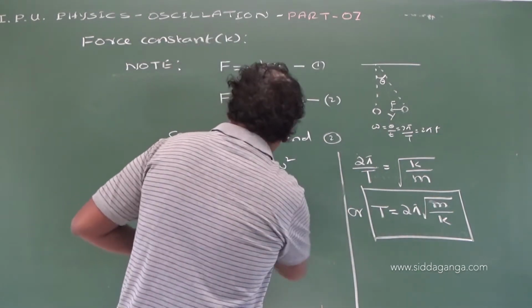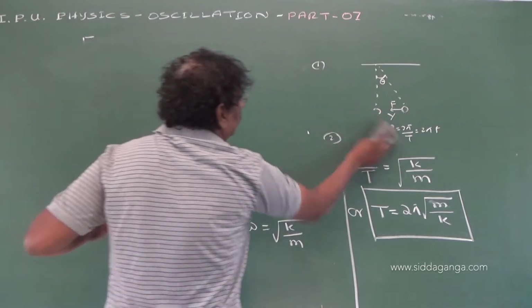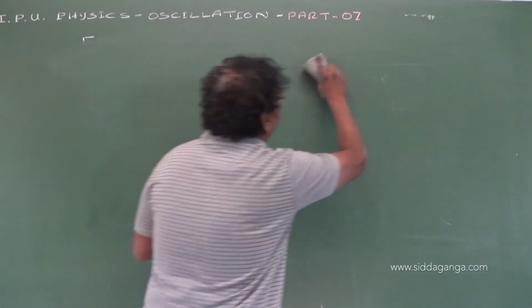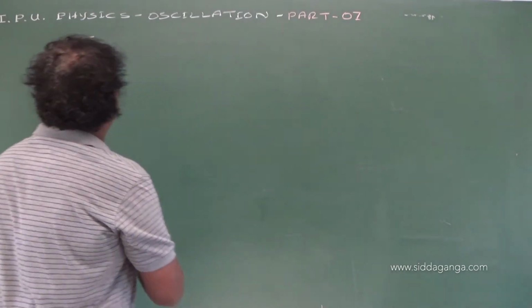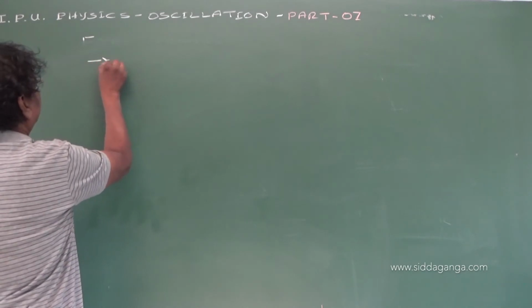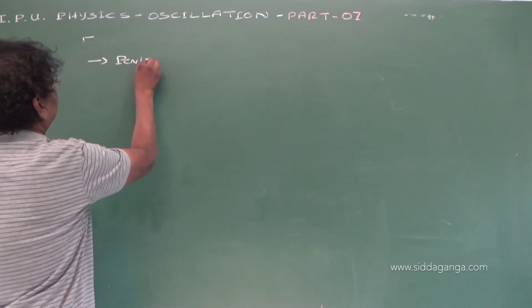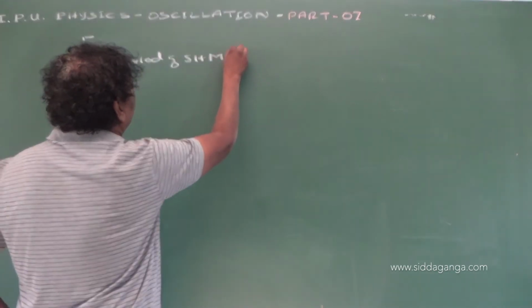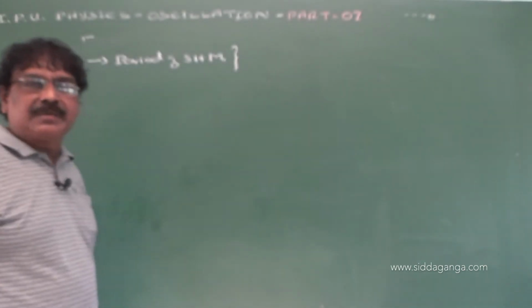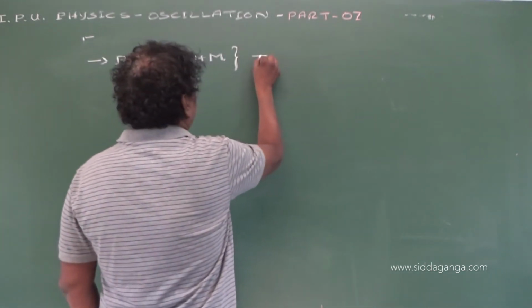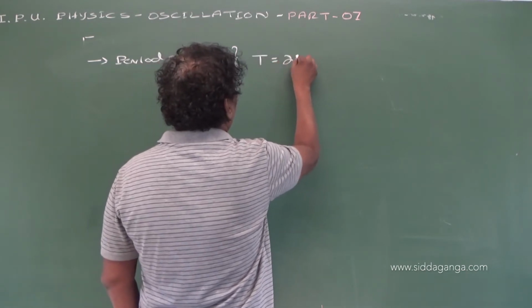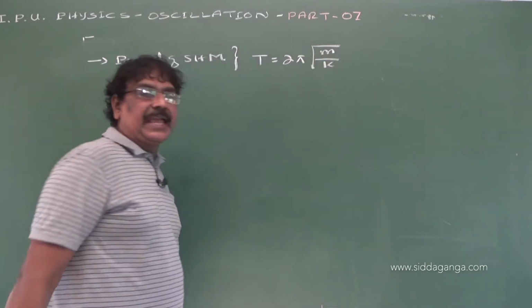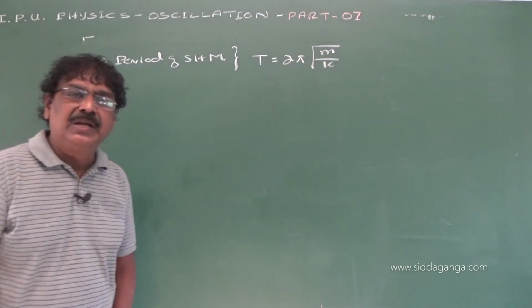Now we have the period of simple harmonic motion, T is equal to 2 pi into square root of m by k, where m is mass and k is force constant.